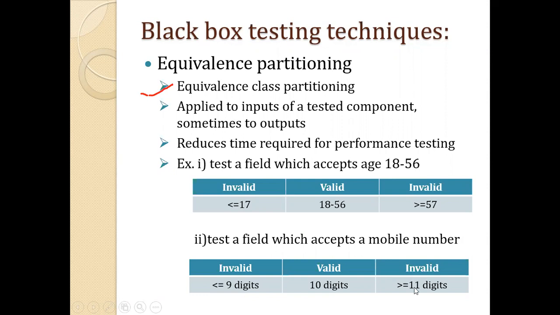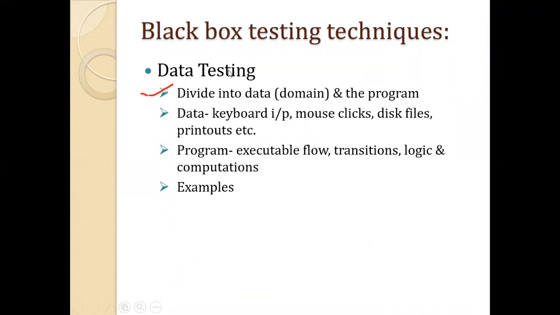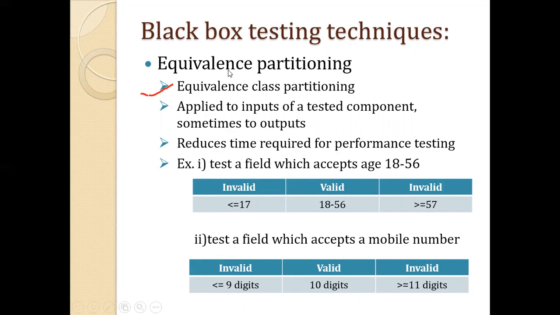If it is greater than or equal to 11, then also it will be invalid. So in this way, we can check the mobile number field by reducing the number of test cases and limiting it to only 3. This is nothing but equivalence partitioning. Any doubt in this? Yes, any problem?